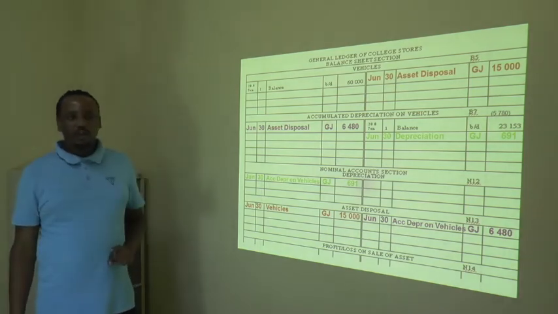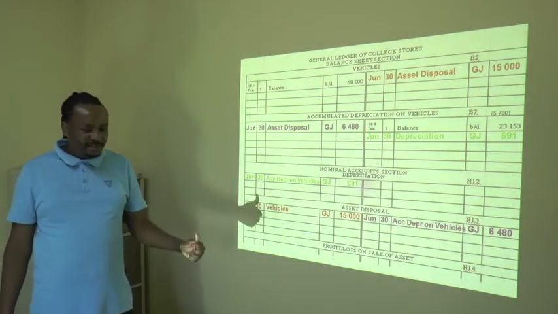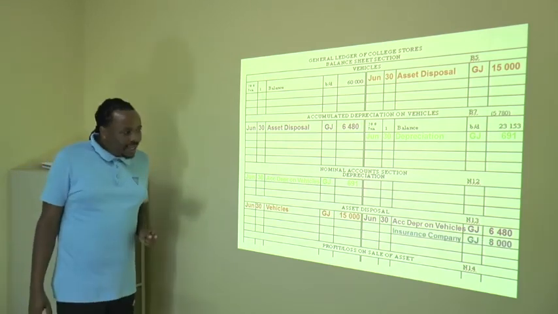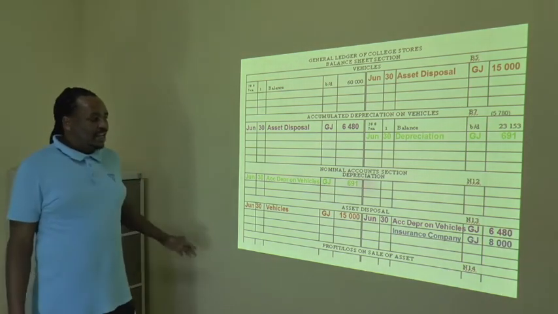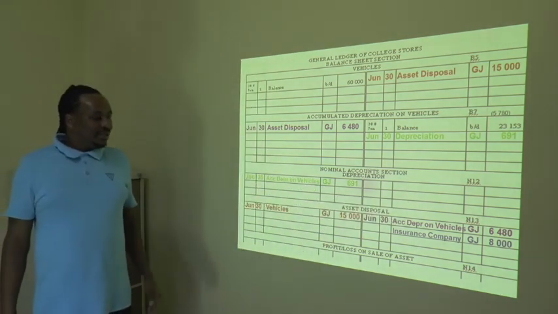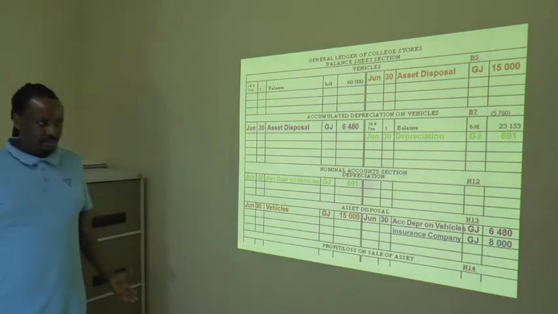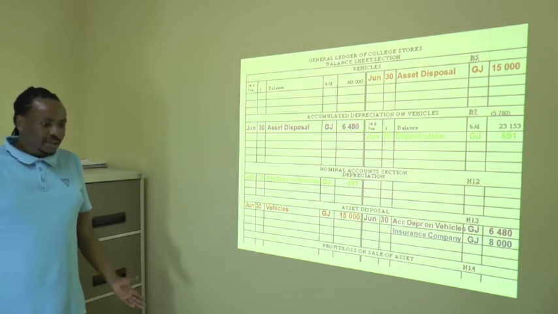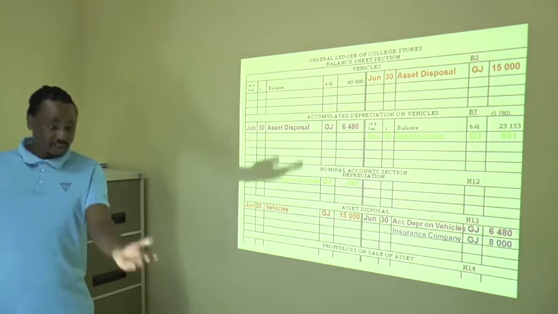The third two accounts will be affected with how the asset has been disposed and the asset disposal. How was this asset disposed, people? It was taken by the insurance company. Which means the way it was disposed, it was taken by the insurance company.